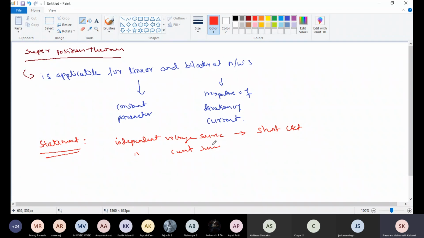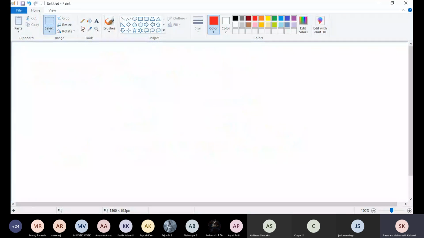For an independent current source, we replace it with an open circuit. Now, for a clear explanation, we are going to solve one problem, then we will get to know how to apply this superposition theorem for a linear bilateral network.